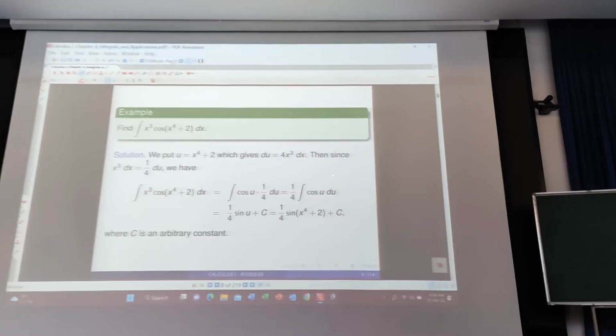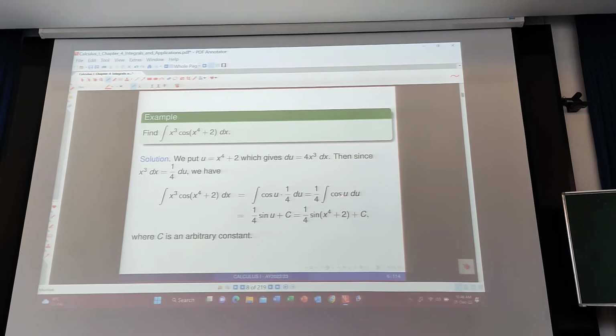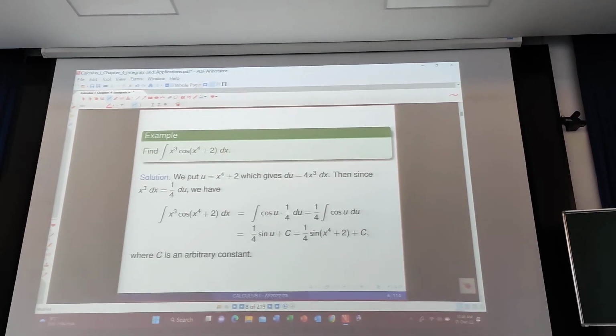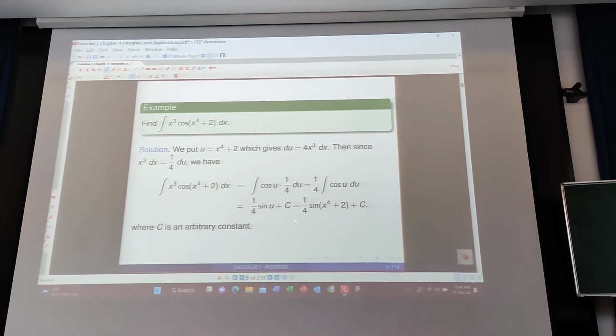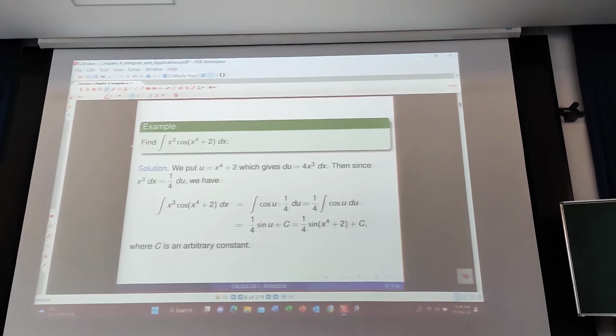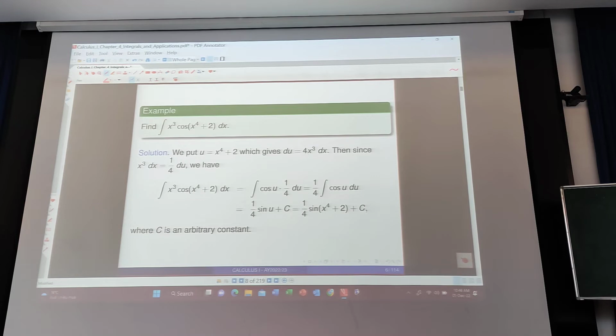This is a standard formula, the derivative of sine. So you have 1/4 sine u plus c, and you substitute u as x⁴ plus 2. So this is the answer. Otherwise, you cannot compute this directly. Okay? So this is the first one.